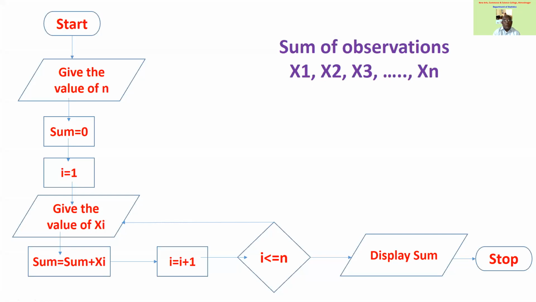So the oval is used for start and stop. As we know, for the sum of the observations x1, x2, up to xn, what is the size of the data? N. So what I am writing here, in the parallelogram, is give the value of n. So that is my first data input. Give the value of n.